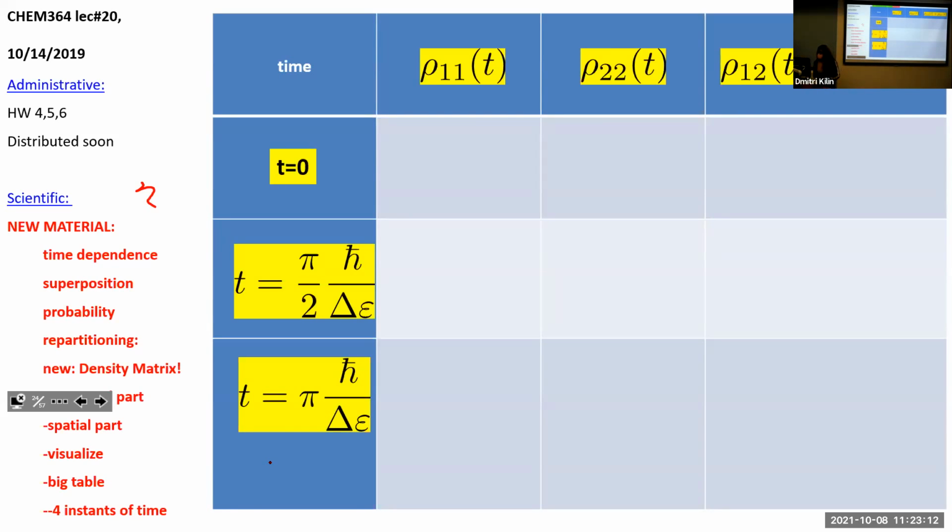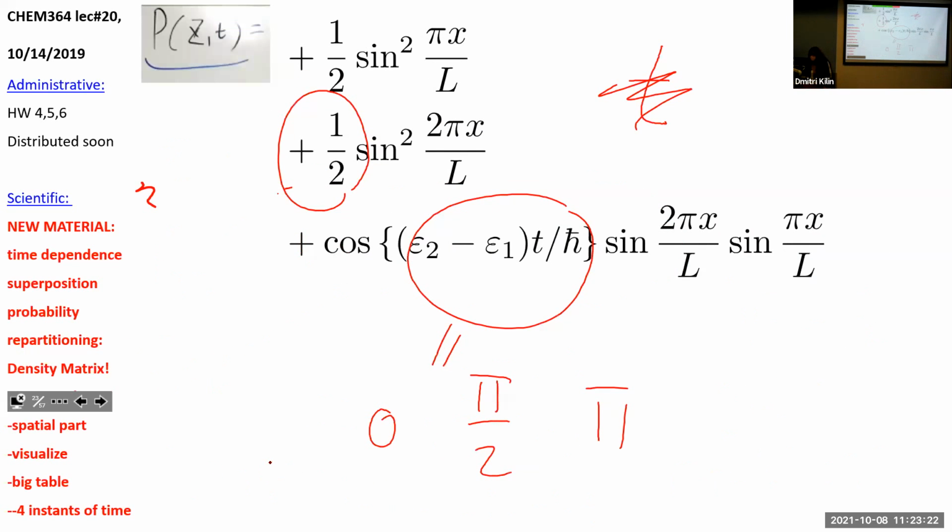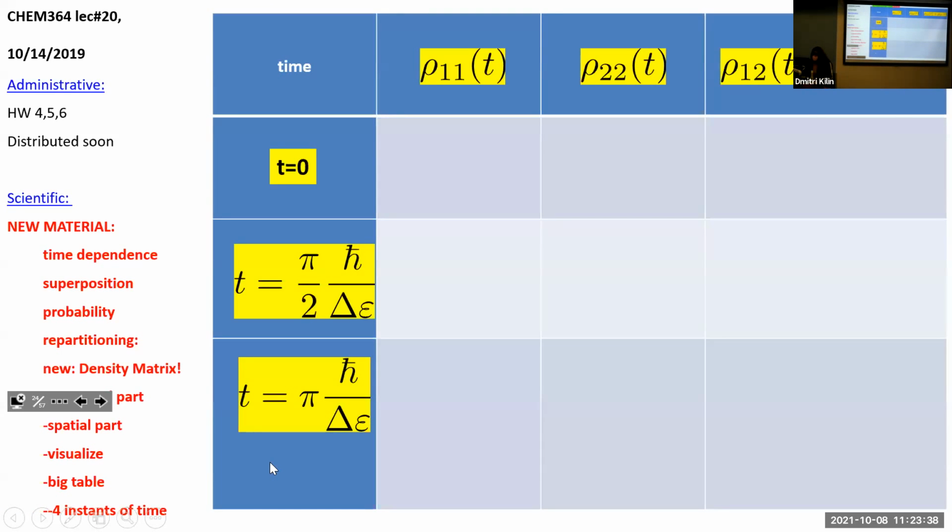So since we are outnumbers, you can fill a couple. At time 0, what will be the row 1, 1? Yeah, we can just use that.